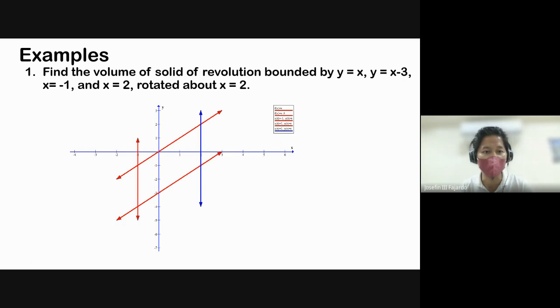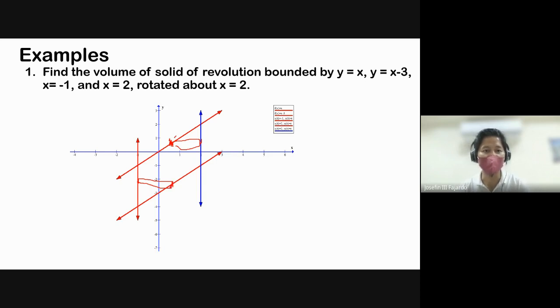Hindi magiging consistent yung aking nasa kaliwa kapag dito na ako gumawa, di ba? Dito yung kanan niya, dito yung kaliwa niya, dito nag-iba na yung kanan niya at yung kaliwa niya.